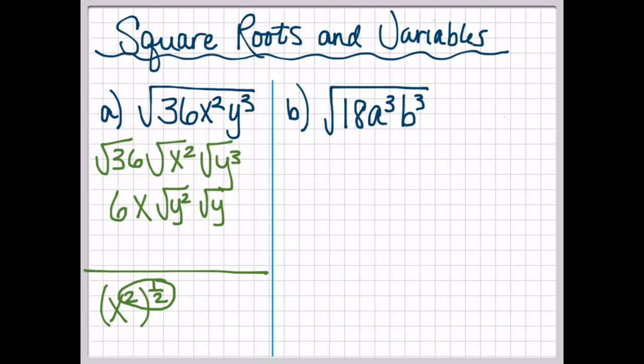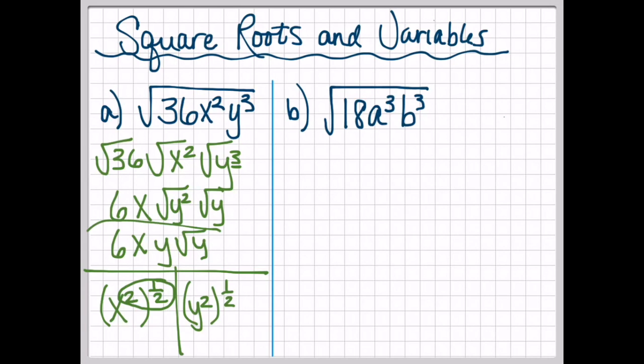You are going to have the closest even power to your exponent in the first square root, and then just that plain old variable in the second square root. So this is going to simplify to 6x. y squared to the 1/2 is really just going to be y, and then I can't simplify square root of y anymore. So that is my answer.